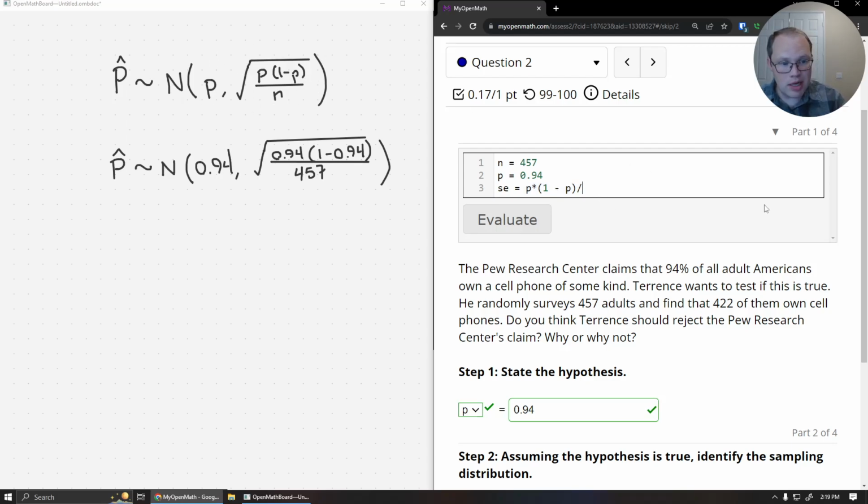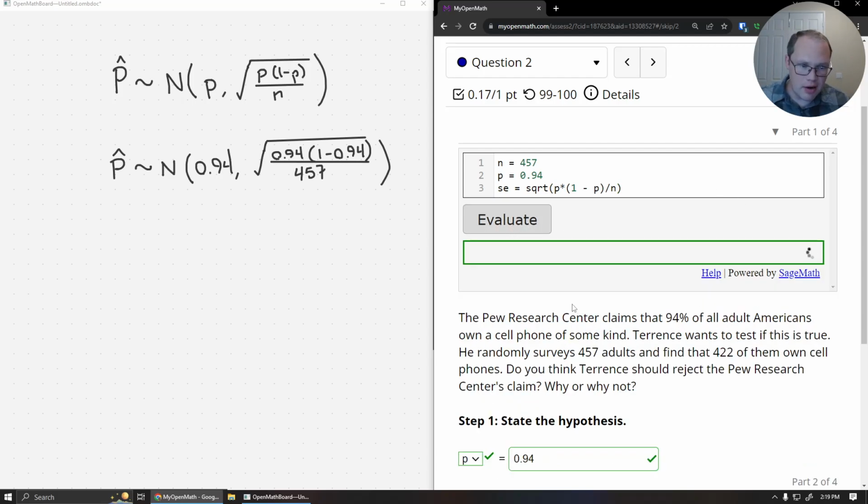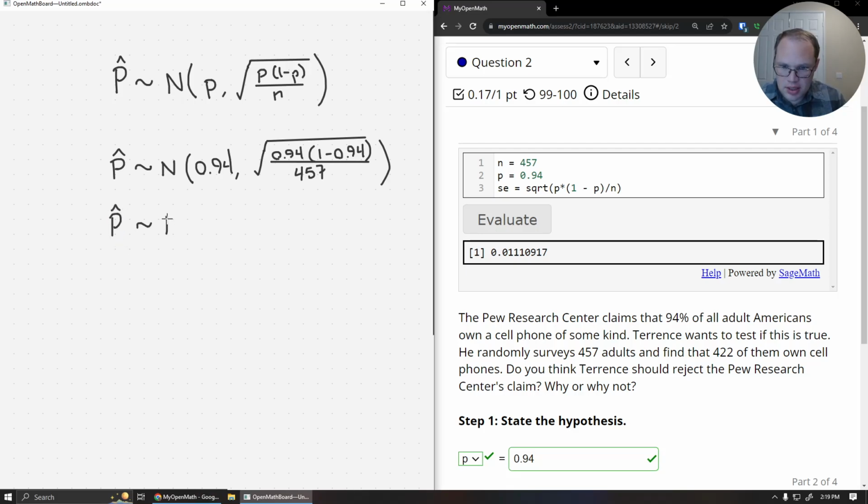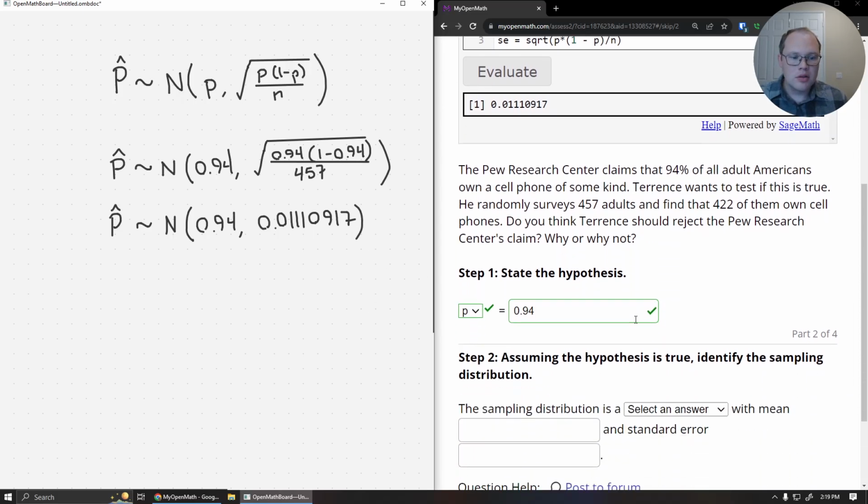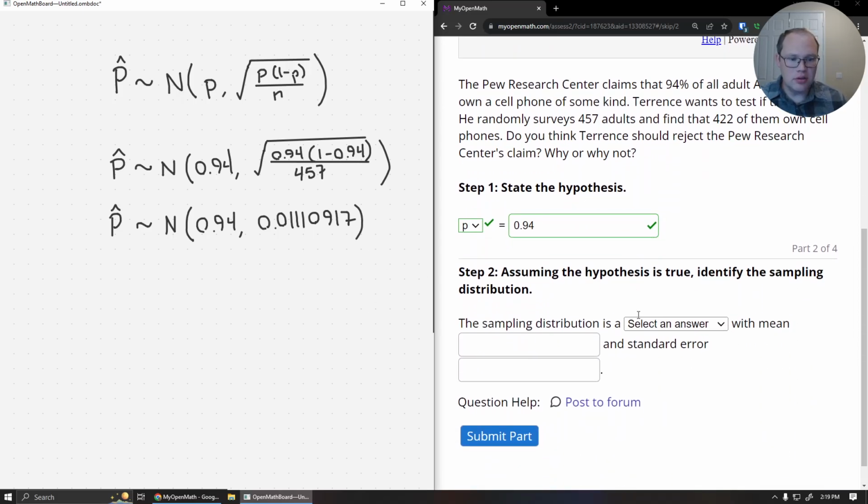So p times 1 minus p divided by n, and then I take the square root of all of that. That's my standard error: 0.0111097. So that is the standard error of my sampling distribution.